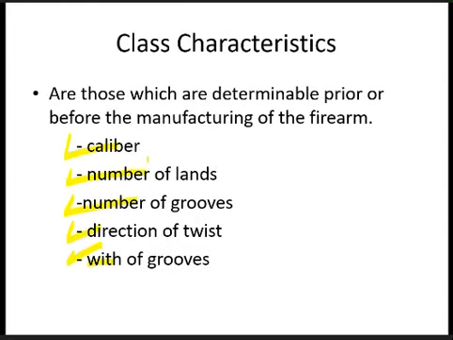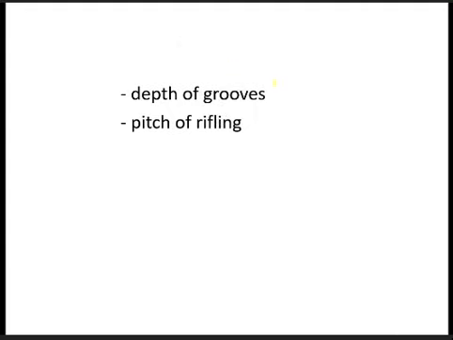So these class characteristics can be determined even before the manufacturing of the gun: caliber, lands and grooves, number of lands, direction of the twist, width of the grooves, depth of grooves, and pitch of rifling.